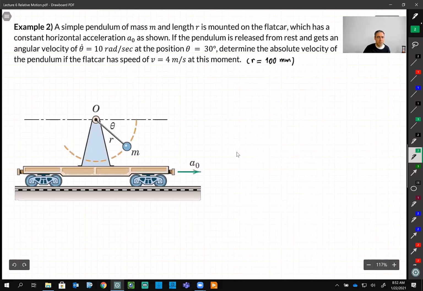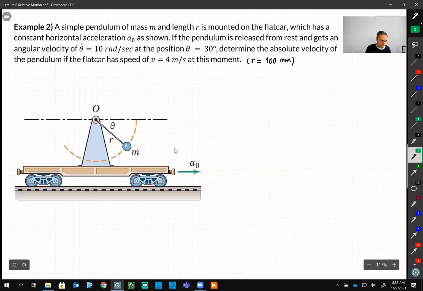It's very similar to the previous problem. So we have this flat car, it's fixed at point O, and this pendulum is moving. And the question is just, for now, talking about velocity. Later, we'll discuss the acceleration for this problem, which needs a little bit of work, but it's coming 3 or 4 more lectures later.